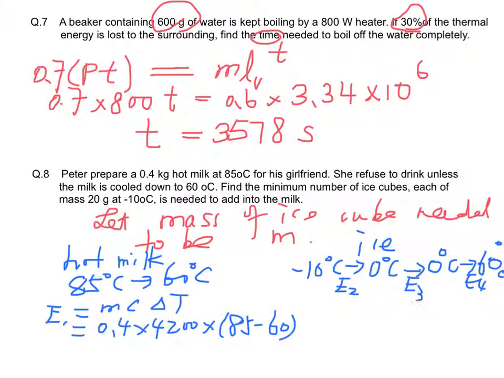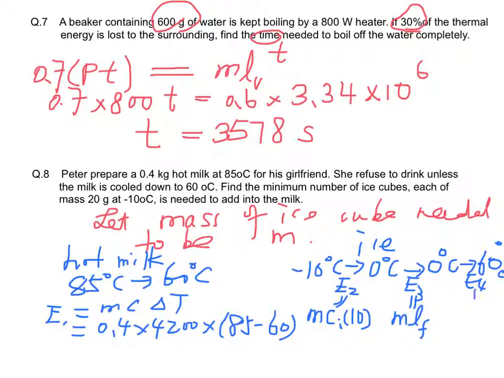E2 is equal to m C of ice, delta T is equal to 10. E3, the energy absorbed by the ice during the change of state, is equal to mL_F.